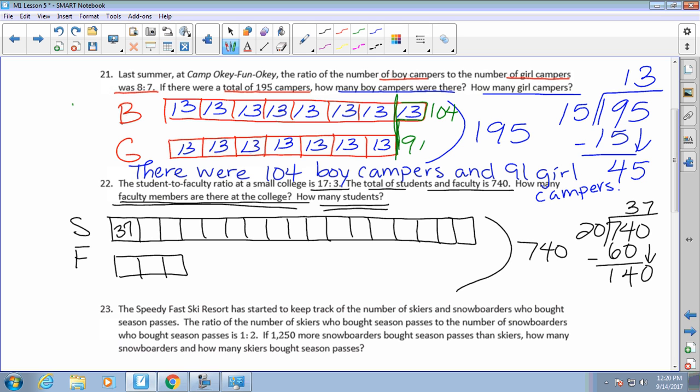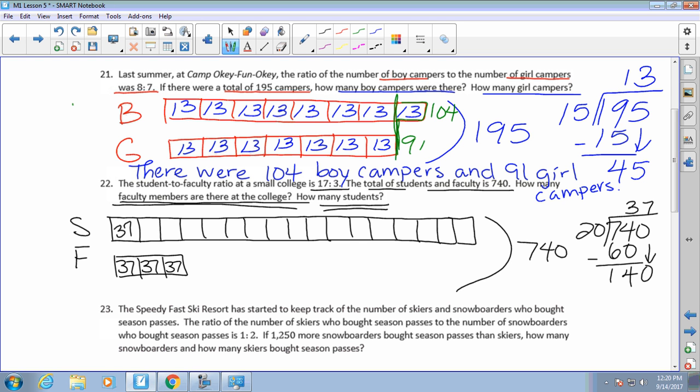37 goes in each box. I'm not going to do that 17 times. You get the point that each box is worth the same amount. So now your last step is to do what? Can anyone explain that to all of our YouTube subscribers? Multiply 37 by 3, and then you multiply 37 by 17. Very good.